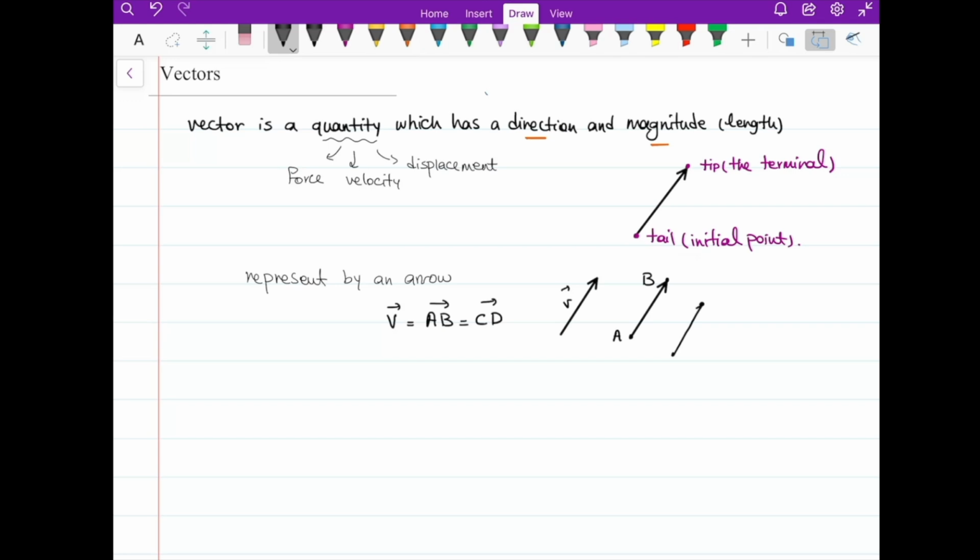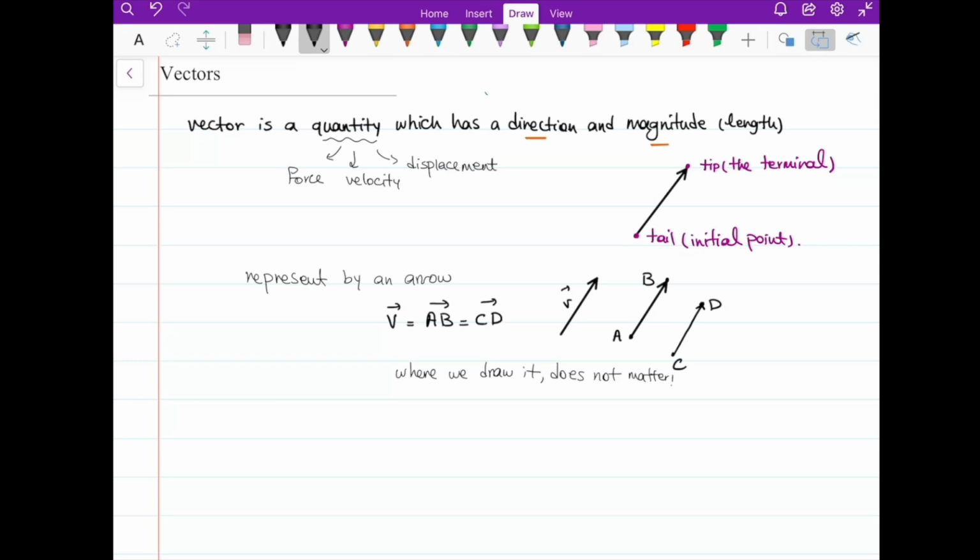But as I said before, just the direction of the vector is important and its length. So these two factors identify a vector. So where we draw it, it doesn't matter. Let me write it. Where we draw it does not matter.